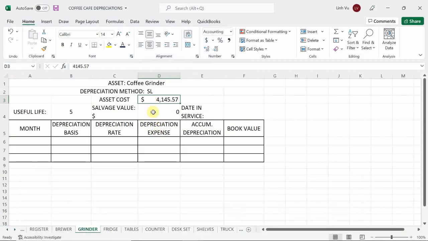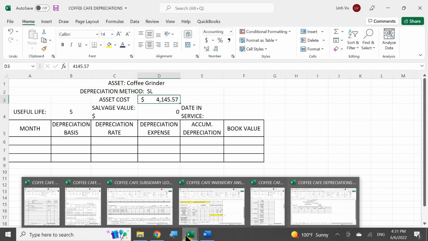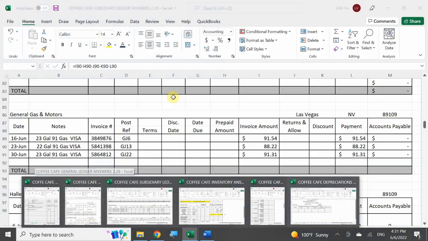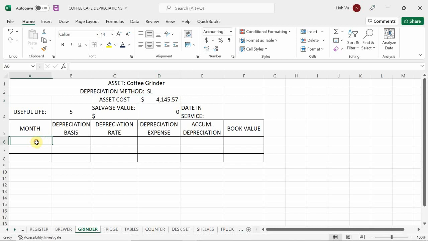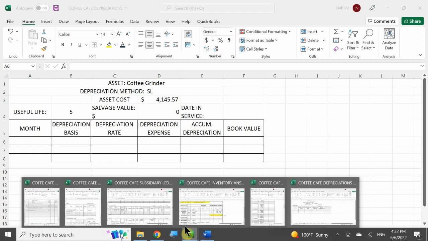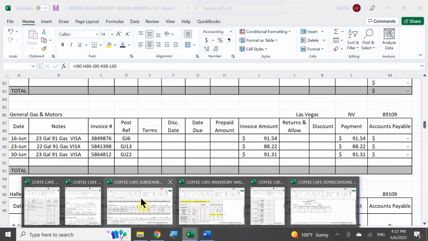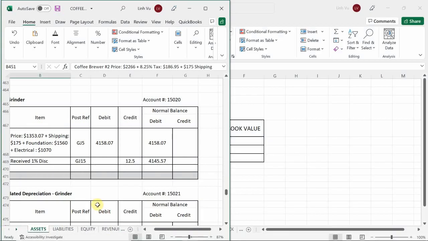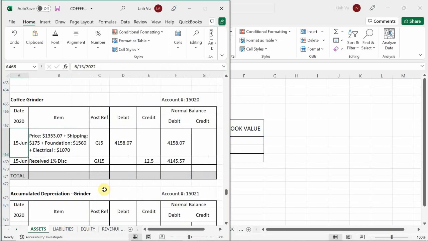So $41.45 and 57 cents. When did I purchase this? We purchased it on the 10th of June, just like we did for the coffee brewer.